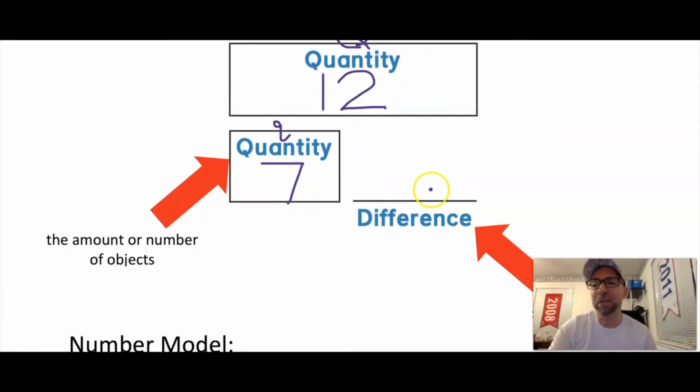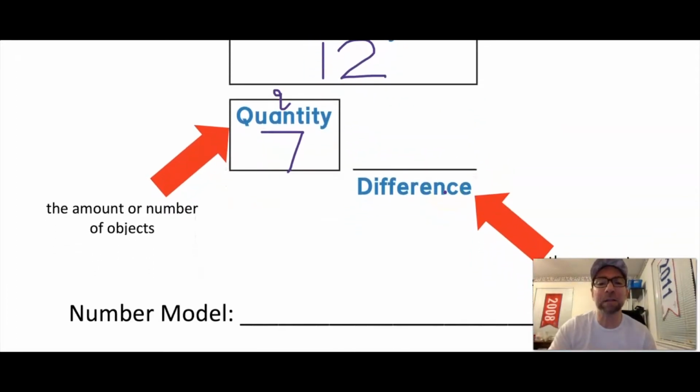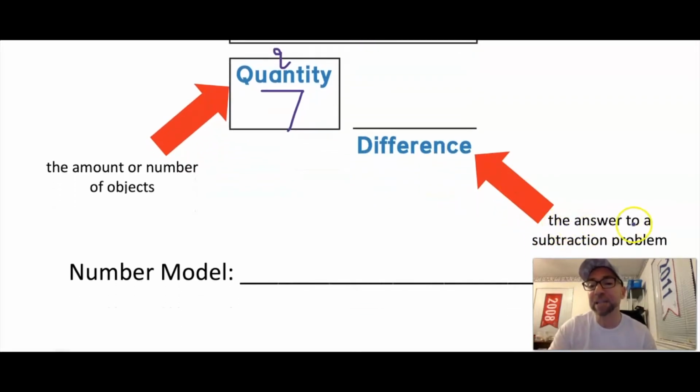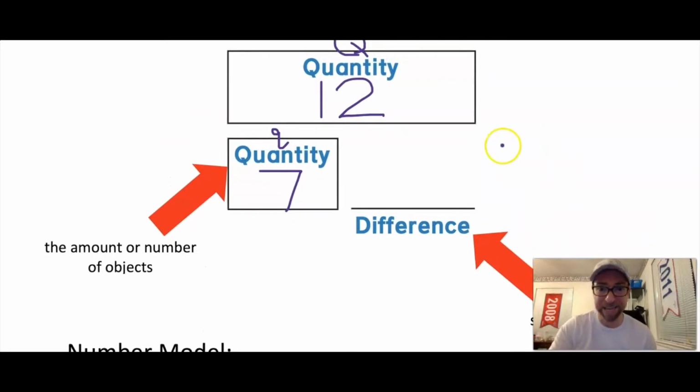Now we see another little line, and under that line is the difference. The difference is the answer to a subtraction problem. We want to find how different the numbers are. So since I want to find my difference, I'm going to put a question mark there.